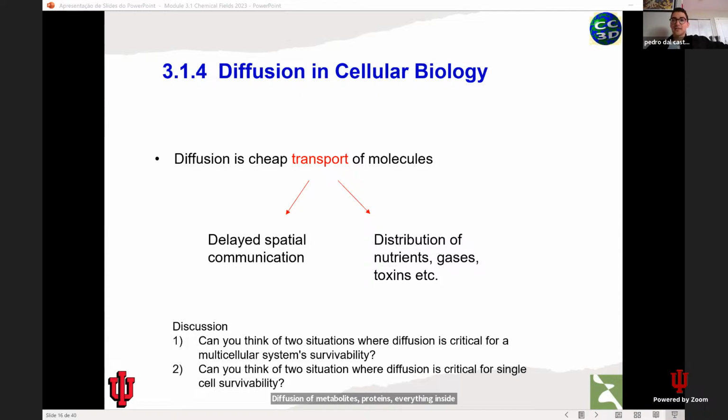Actin also, right? Which is very important to build the cytoskeleton and other parts of the cell. So actin diffusion is very important. Communication chemicals between bacteria, a good one.